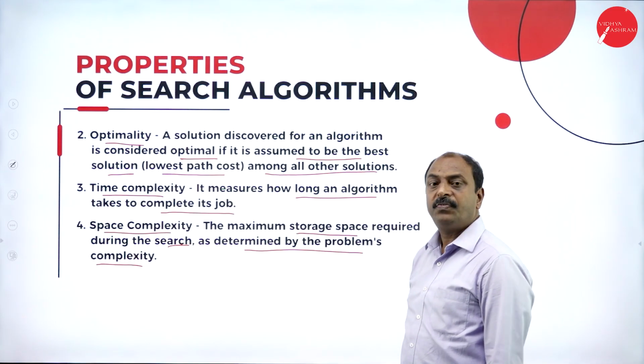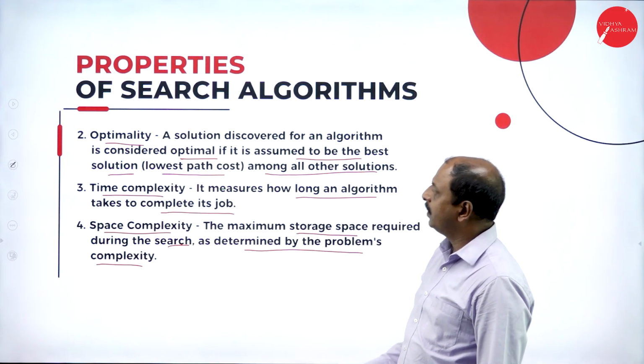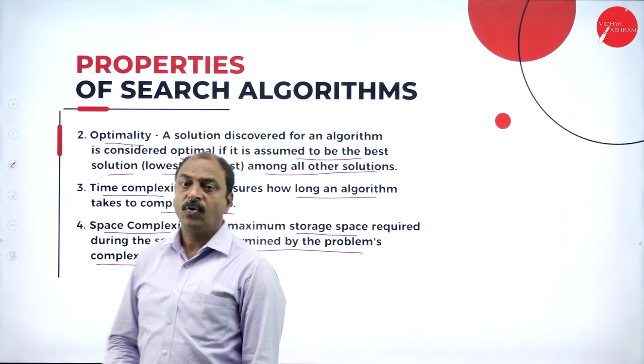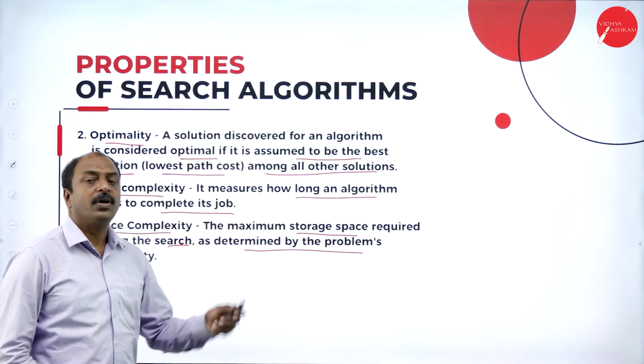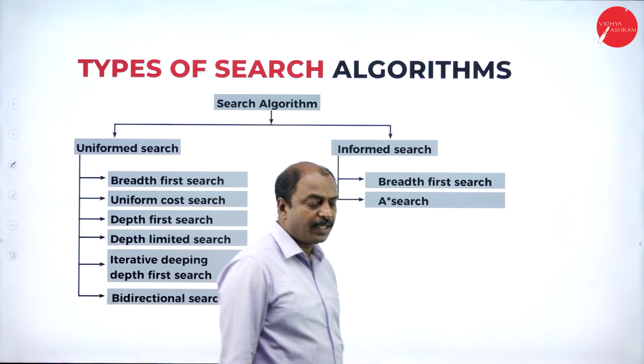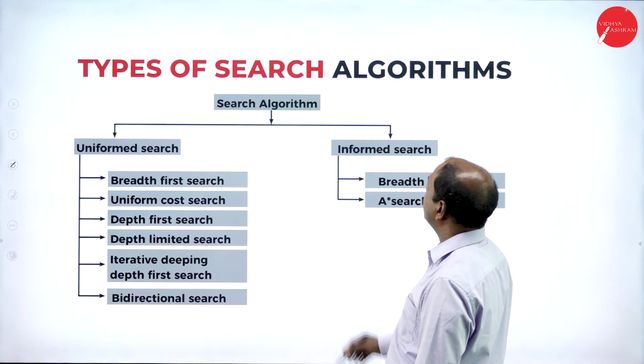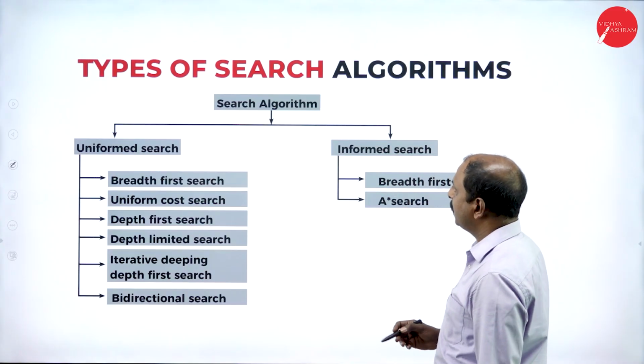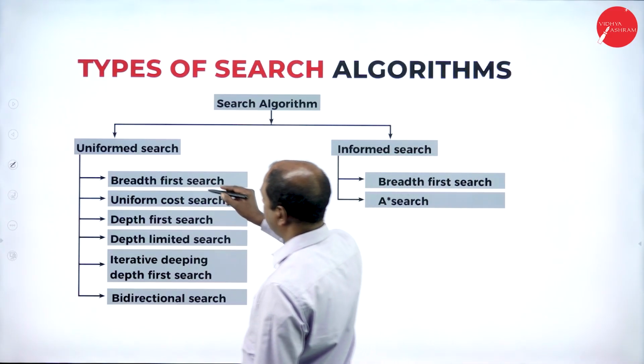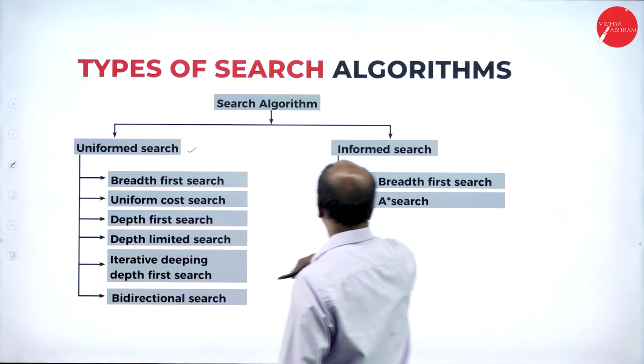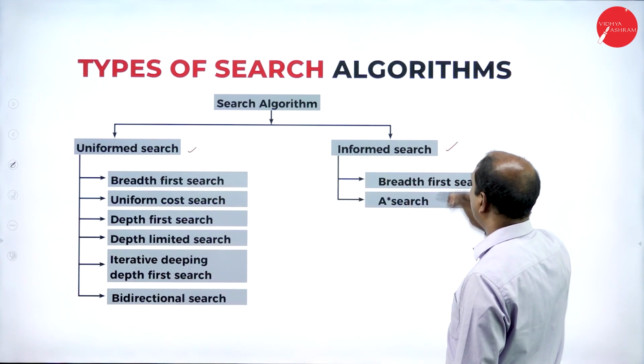So these are all the different factors or important points to be considered while you are working with search algorithms. In the next slide, we will see the different types of search algorithms. Basically there are two types: one is uninformed, the second one is informed.